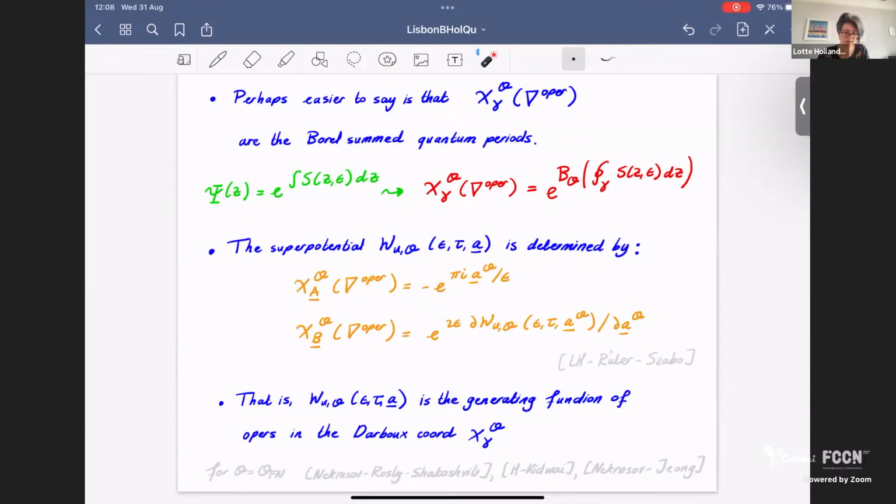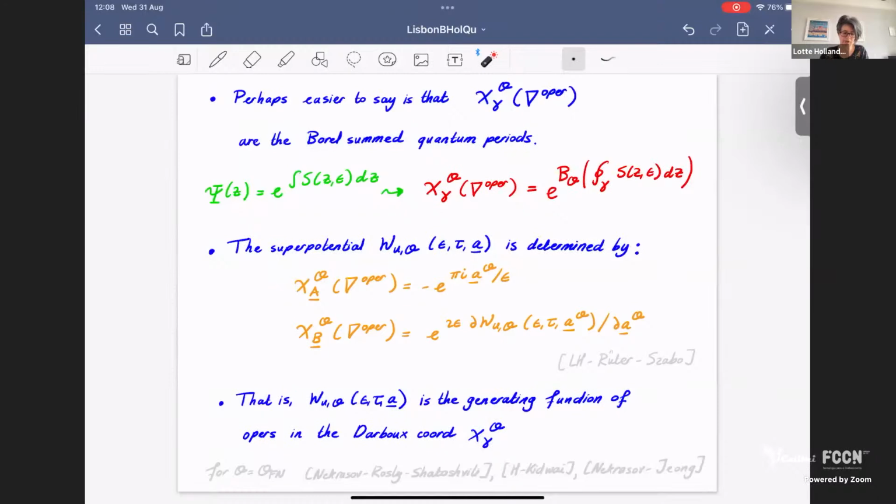And these are exact quantum periods in the sense that they can be obtained by a Borel sum again. So suppose that the surface defect VEV has this particular form, then the spectral coordinate, if we evaluate it on nabla-oper, has the form of a Borel sum in the direction theta of the same function S integrated over the corresponding cycle gamma. So these are the usual quantum periods, but now Borel summed so that we get exact ones.